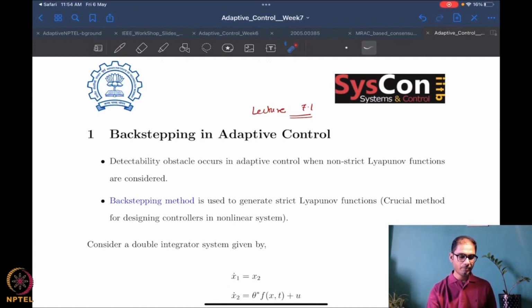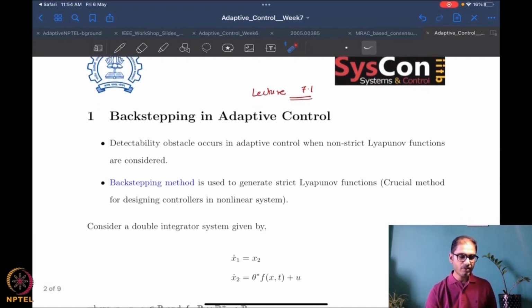We have already seen that we have these detectability obstacles that do bother us. One of the ways to get around it was something like an Ortega construction, which may or may not work for more general adaptive control problems. It was very specific, if you notice, to a spring mass damper type system. All right.